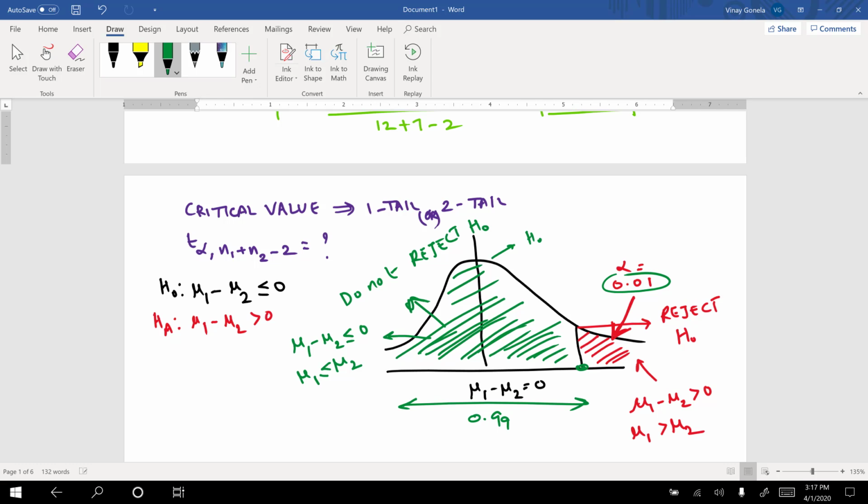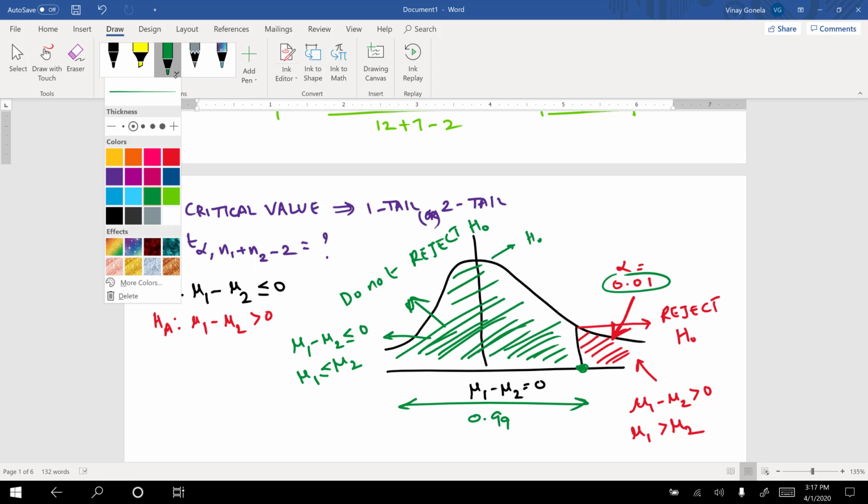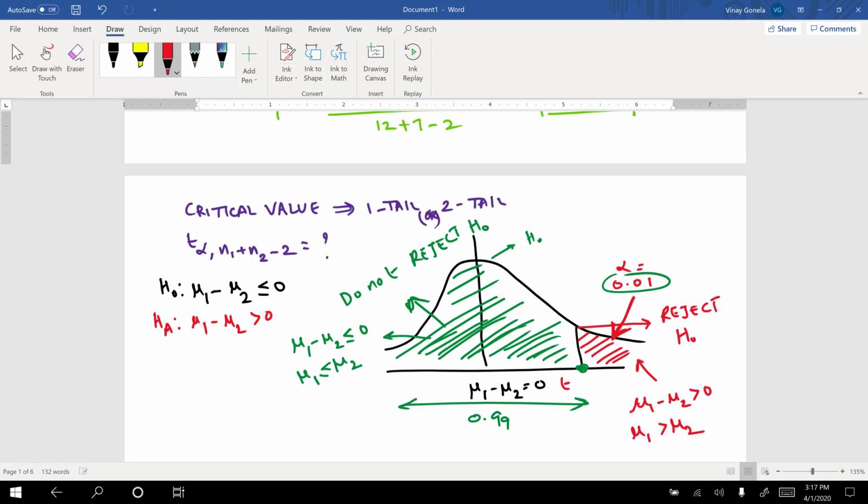Now I want this point to be calculated, so I will find the critical value. This would be T alpha, which is 0.01.